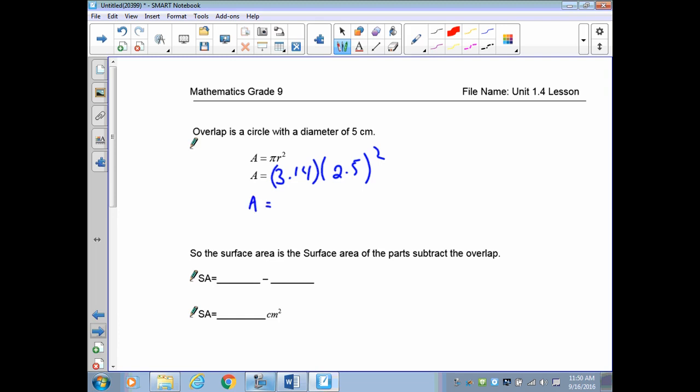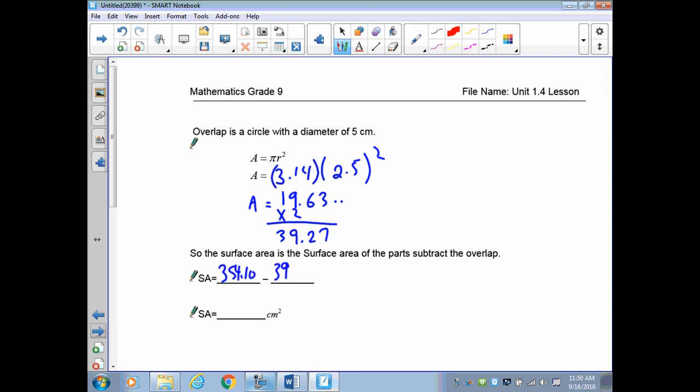When I do that, I'm going to get a calculation which gives me 19.6345. Multiply that by 2, and you're going to get 39.27. So going back to my original, that was 354.10.